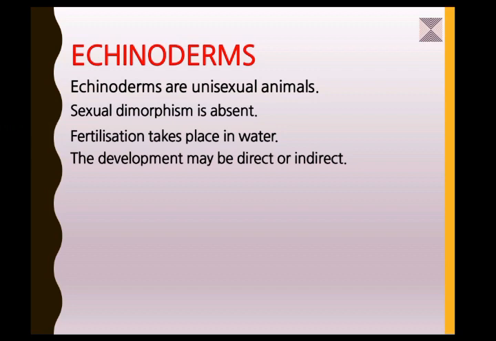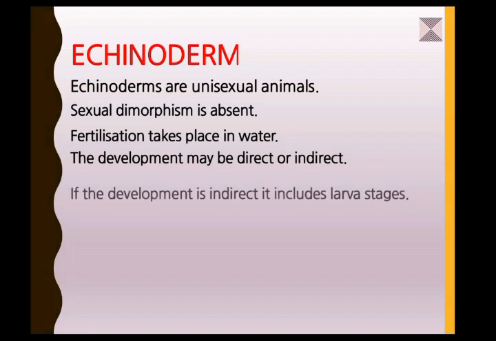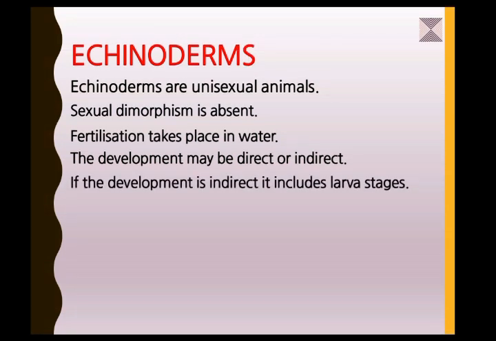And if you have the indirect kind of development, then you have different forms of larvae present in the life cycle of the animal. If the development is indirect, it includes the larval stages. That's why it is called indirect, so it is not directed towards the adult animal.